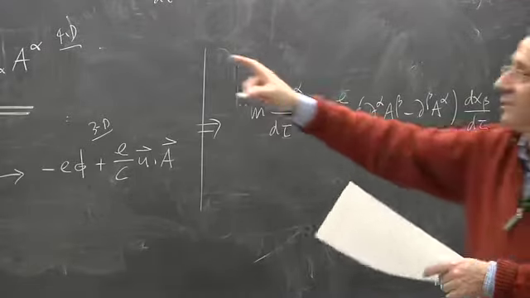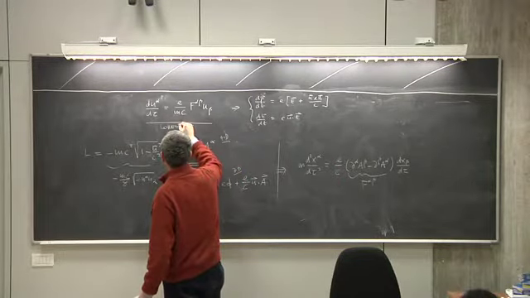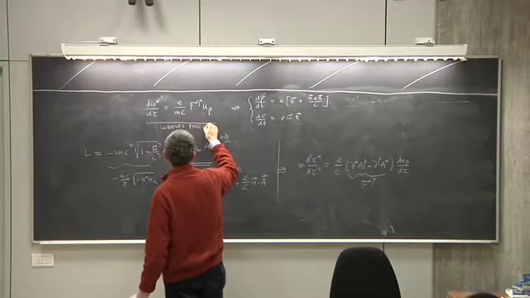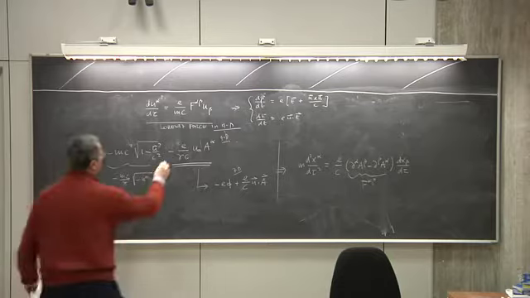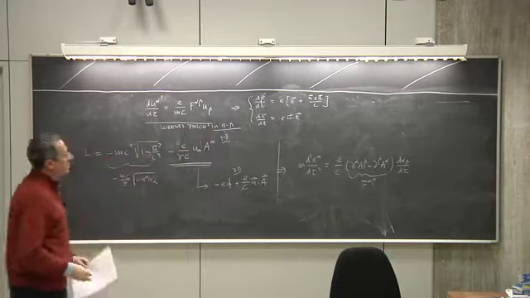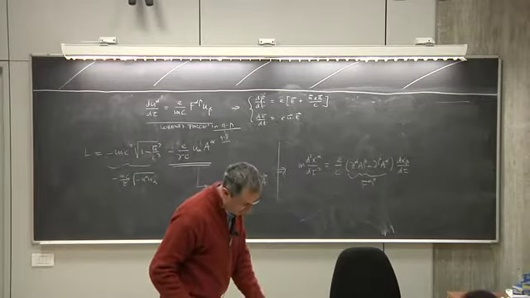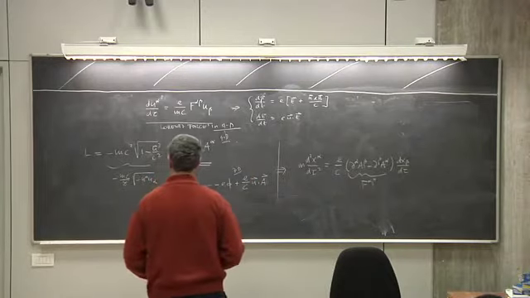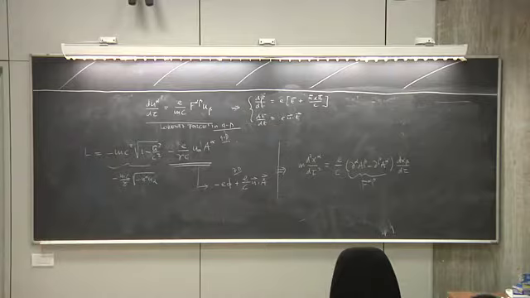So you get exactly the Lorentz force in 4D. I guess force is not proper in 4D. There is an interesting observation. So now you know how to write the Lagrangian for a charged particle, and by taking the Lagrange equations, you get back the Lorentz force.